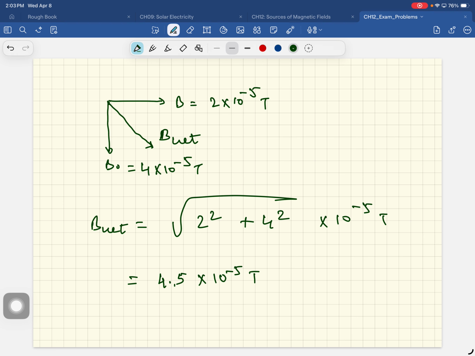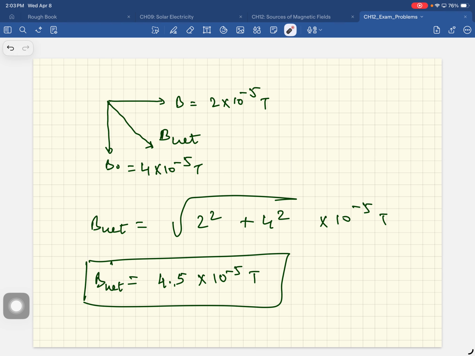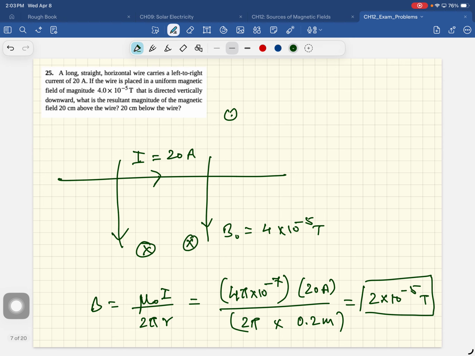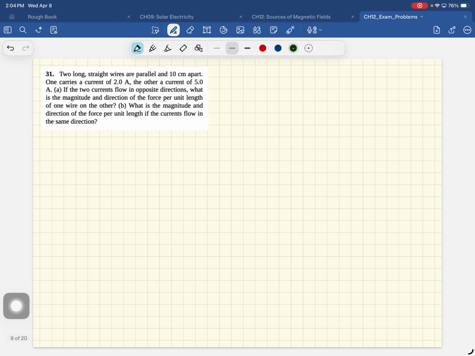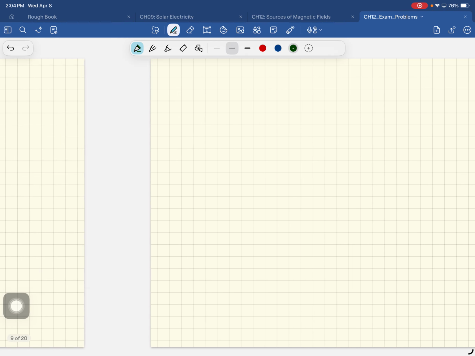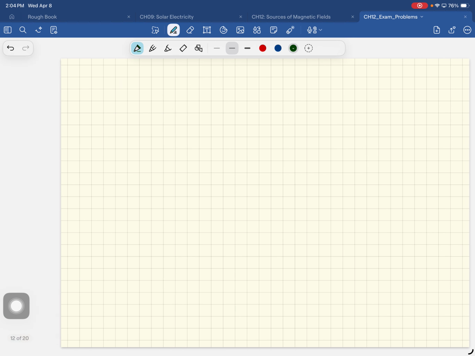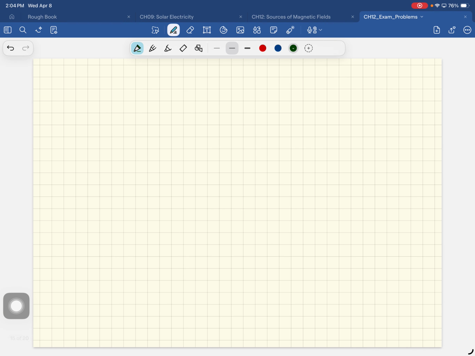I like to write it like this: mu naught divided by 2 pi, times the strength of the magnet over (r squared plus z squared) to the power 3/2. So we'll use this expression.